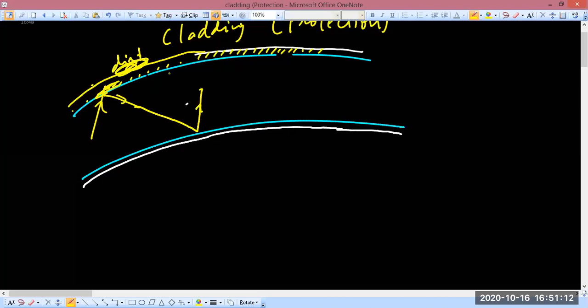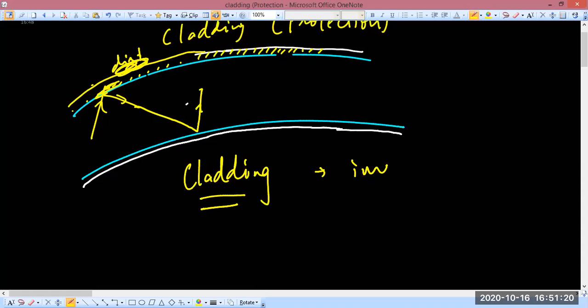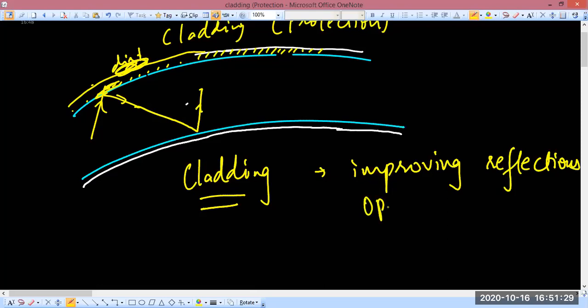So by having a cladding, we are improving efficiency. We are improving the reflections that happen inside the optical fiber. So that's why having a cladding is better.